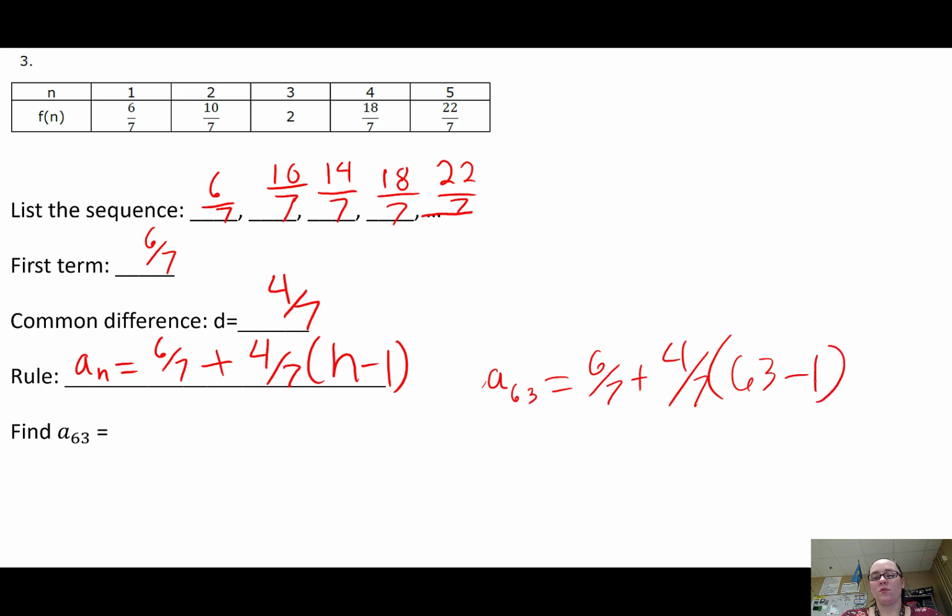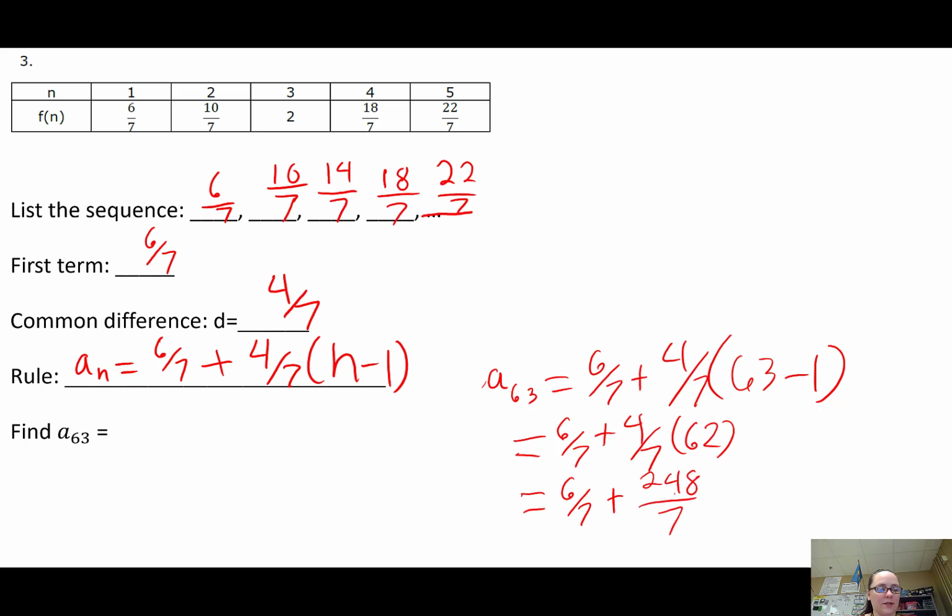So we get 6/7 plus 4/7 times 62. 4/7 times 62 is 248/7. Then we add our 6/7 to that.